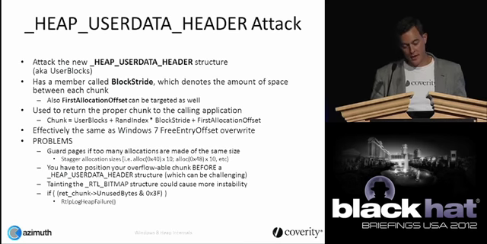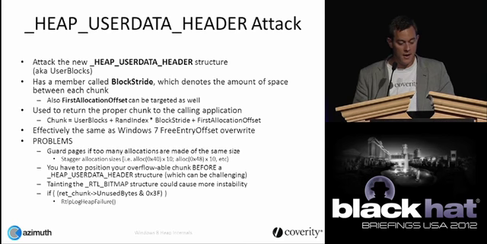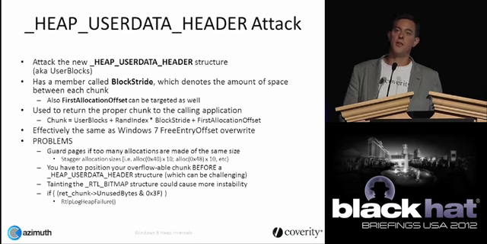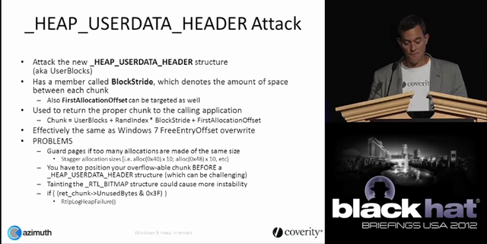Again, there's some issues. Guard pages. If guard pages are enabled, this sequential overflow deal will fail because you're going to have an access violation. You have to position an overflowable chunk before a heap user data header structure. That's much more difficult than placing it before a free chunk, which was the prerequisite for the free entry offset technique.